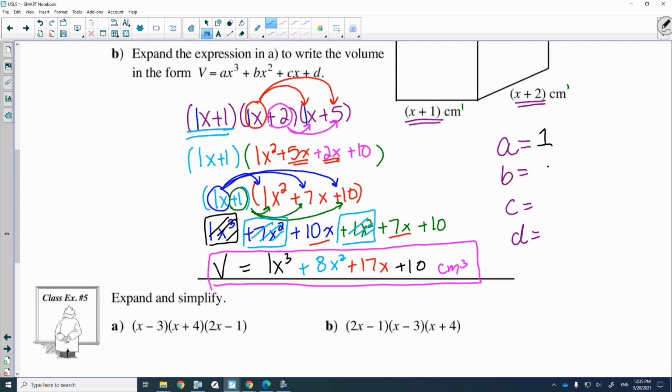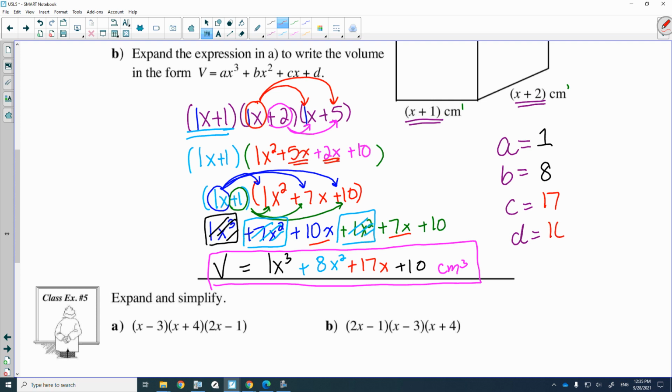B would be 8. Carly, what is C? So if you look here, C is in front of your x. 17 is correct. And Serena, what is D? So again, you look up here, there's your D, and it would be 10.